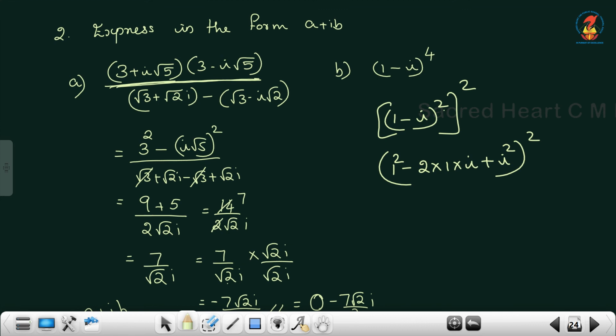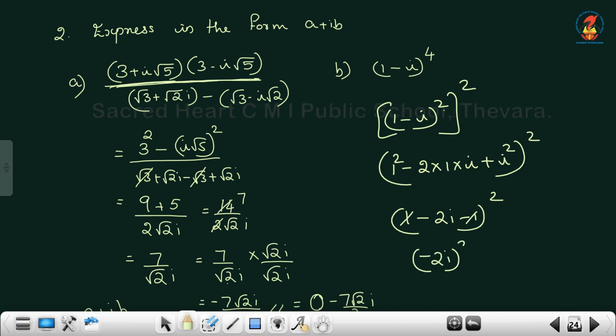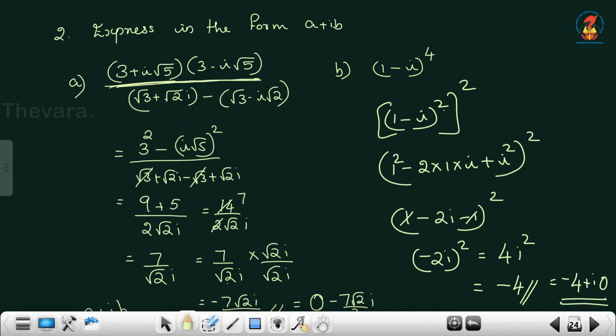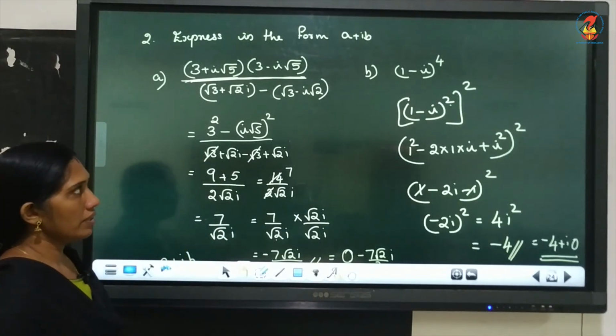So 1 minus 2i, i square is minus 1, so minus 1 and plus 1 cancel, and we get minus 2i whole square. That is 4 i square, which is minus 4. So only real part, no imaginary part. So we can write minus 4 plus 0i, anyway you can write.